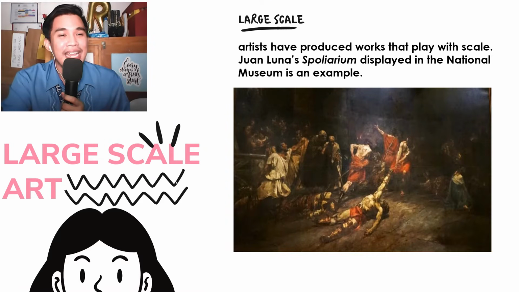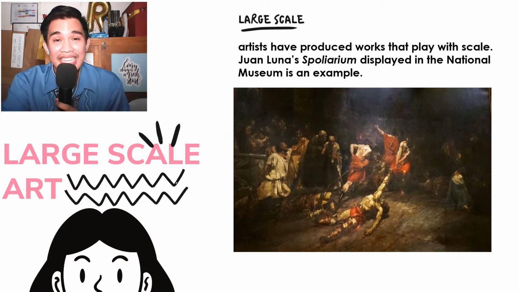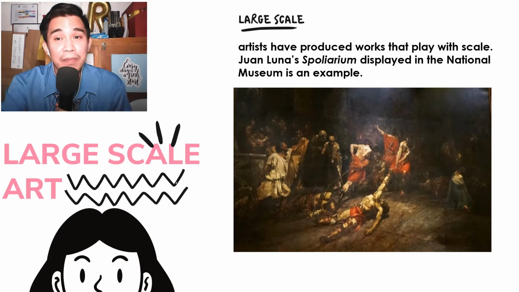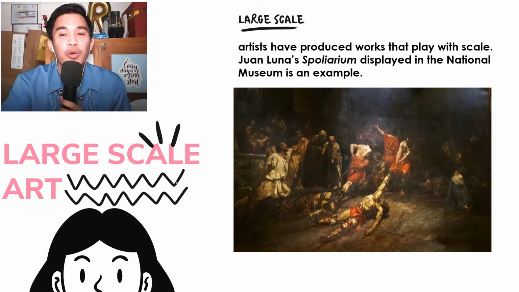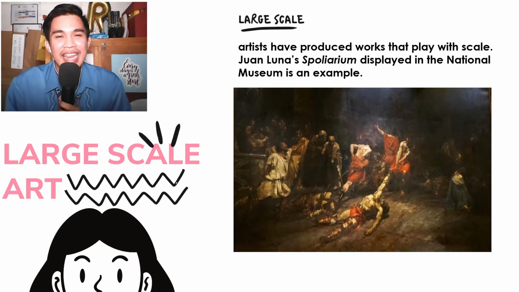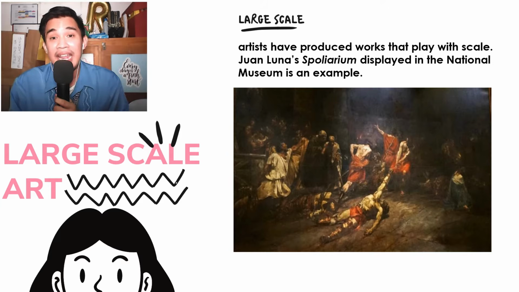So, next type is the large-scale art. When we say large-scale art, these are artists who have produced artworks that play with scale. So when we say play with scale, from the name itself, large-scale art, they are really big. An example for this is Juan Luna's Spoliarium, displayed in the National Museum.